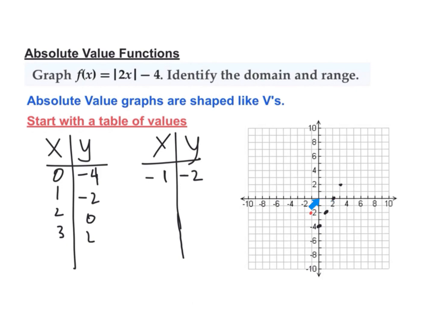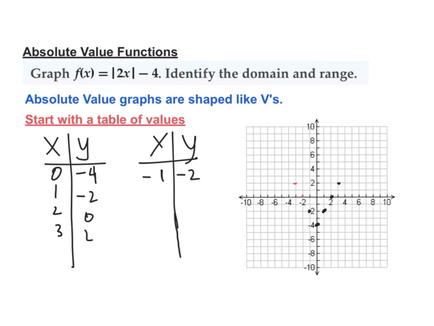This is 2 units away from the y-axis, so there's going to be another point 2 units away from the y-axis. And the same thing is true here. This one is 1, 2, 3 units away at 2. So if I backed up and went 3 units away that way, I would see that symmetry. And on this slide, I kind of showed that.